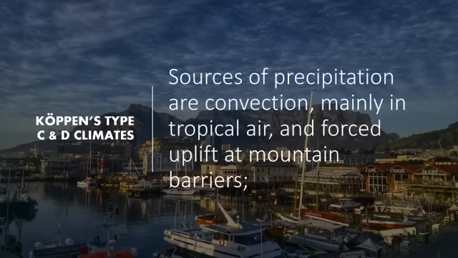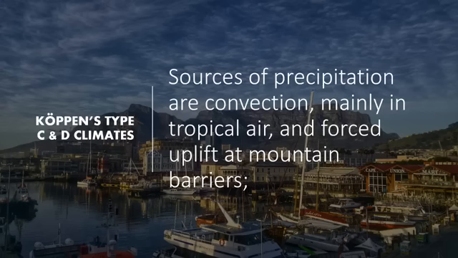So the sources of precipitation here are basically convections, mainly from the tropical air. So if you remember the map earlier where the hurricanes and typhoons come from, here they don't have that, but they have convection.